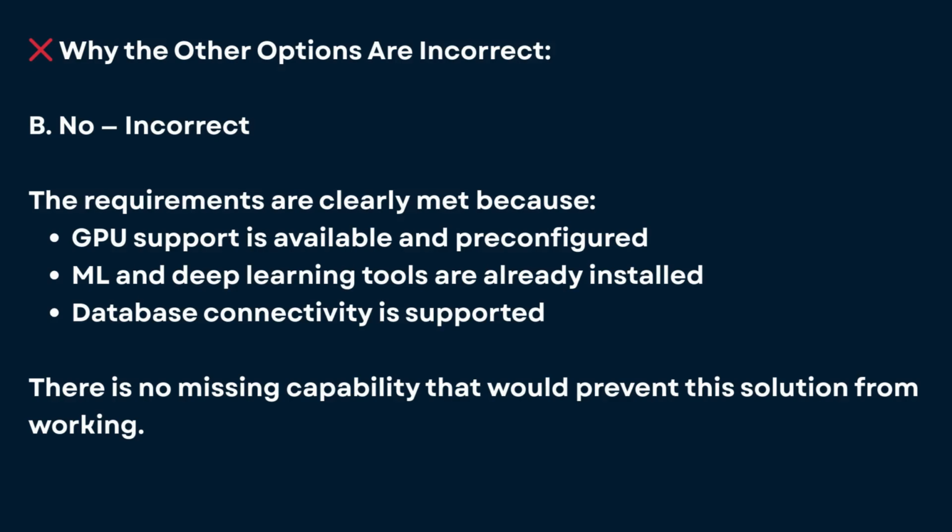Now let's look at why the other option is incorrect. B. No. Incorrect. All requirements are clearly met. GPU support, machine learning frameworks, and database connectivity are already available in a DLVM. There is no missing capability.